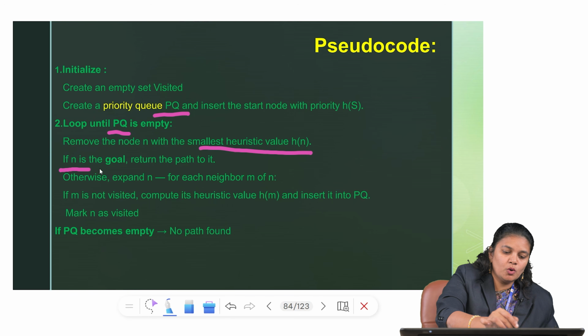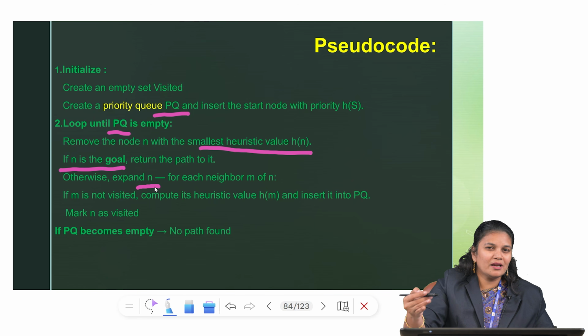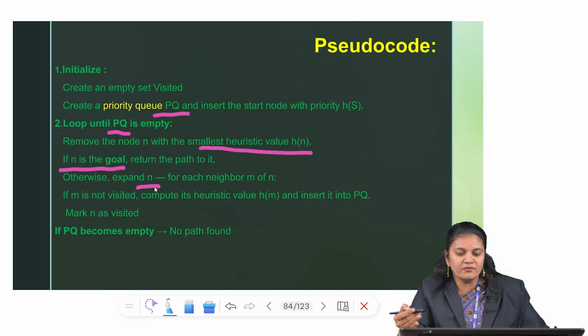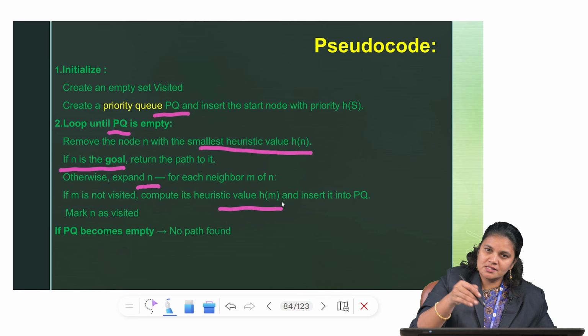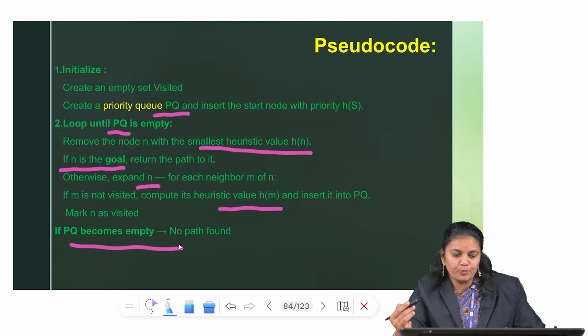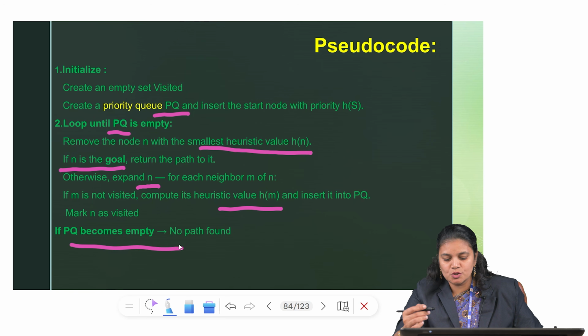So if the goal is reached, we can return the path. Otherwise, we expand the next neighboring nodes one by one. We will calculate their heuristic values and insert the elements into our queue. We will move on. If PQ becomes empty and until then we couldn't find the goal point, then we can tell that there is no solution.